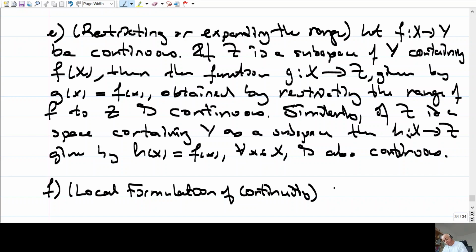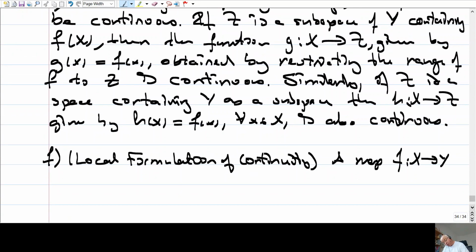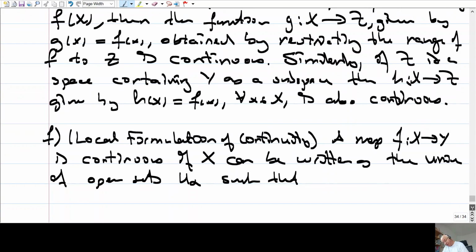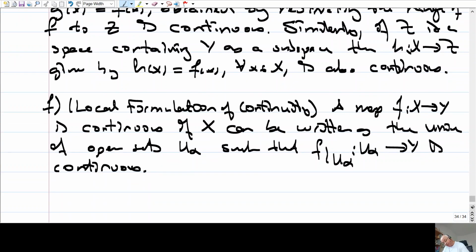A map f from X to Y is continuous if X can be written as the union of open sets, let's say U alpha, such that the restriction of f to each U alpha, from U alpha to Y, is continuous.